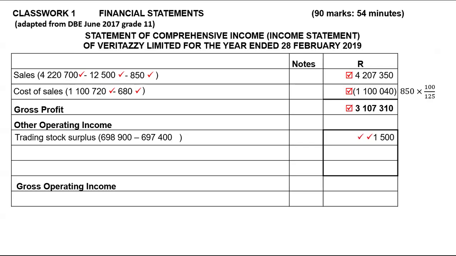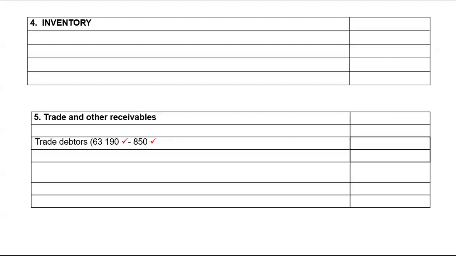The same amount that was counted, we are going to record it in our inventory note as trading stock. Only stock counted will be recorded in the inventory note.